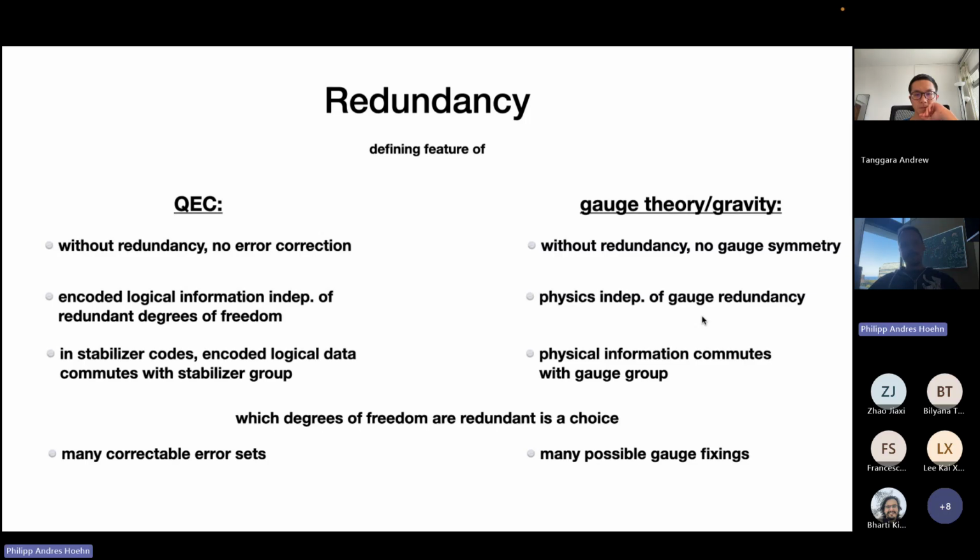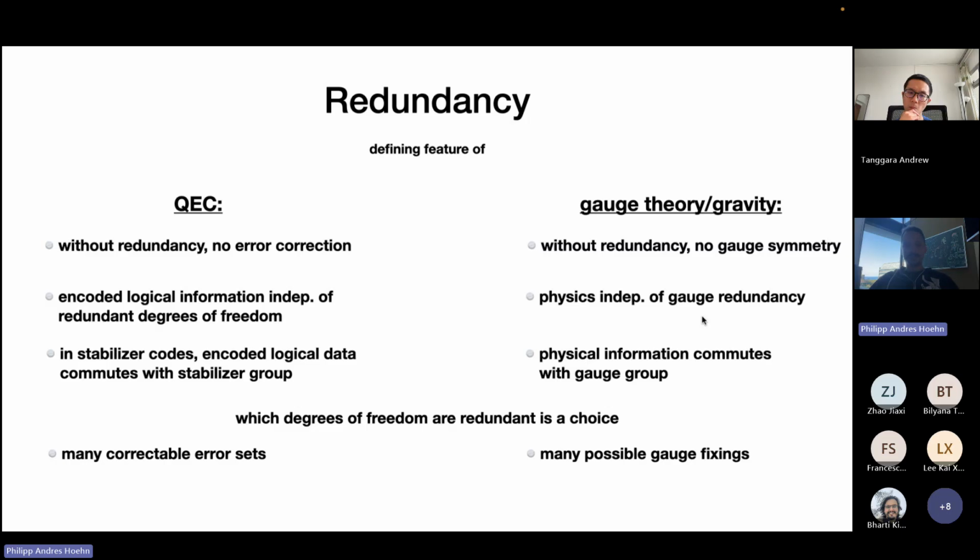So we have redundancy in both scenarios. Which degrees of freedom we consider redundant in either is really a choice. That's related to the fact that in error correction a given code can correct many different error sets, and which error set is interesting depends on what practical implementation of a code is of interest.